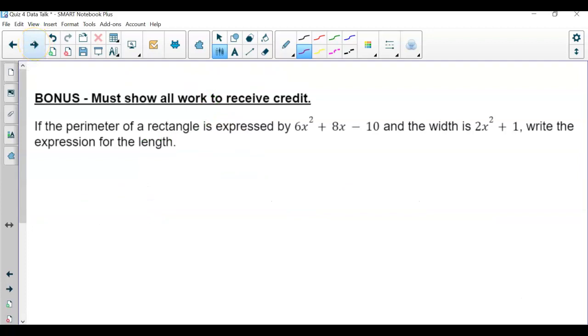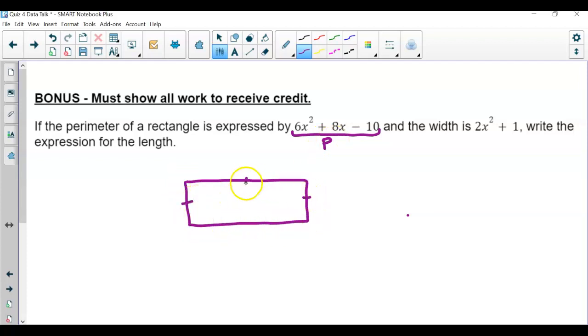Then the bonus question. You are given the perimeter of a rectangle. So the perimeter of the rectangle actually is this. So we have a rectangle where the length and width are the same. The perimeter, so all sides add up to be 6x squared plus 8x minus 10.